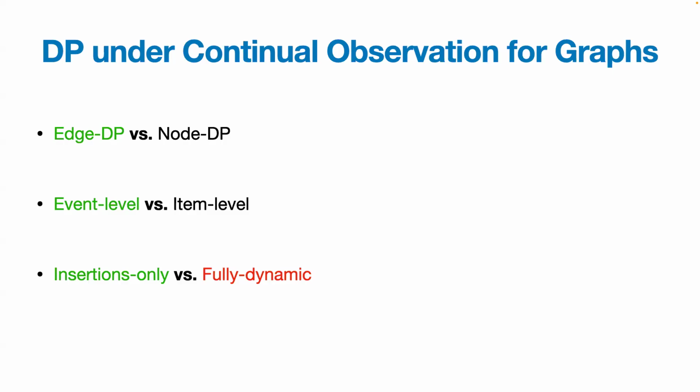In the paper, we have results on both event level and item level. But on the results that I'm going to talk about today, we only consider event level. And I will talk about both insertions only and fully dynamic. But the fully dynamic part is more towards the prior work parts of the talk, and our work is on insertions only. So to wrap it up, we have T updates. At each one of them, we have one edge either inserted or removed. And two streams are called neighboring if only one of these updates is different between the two.